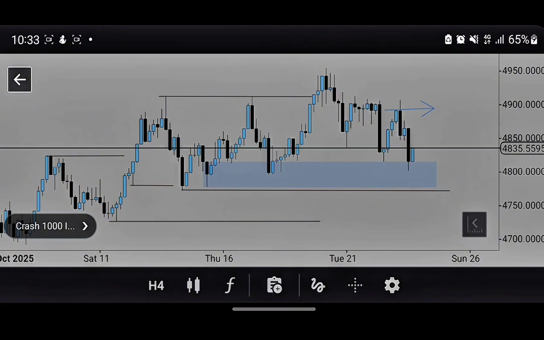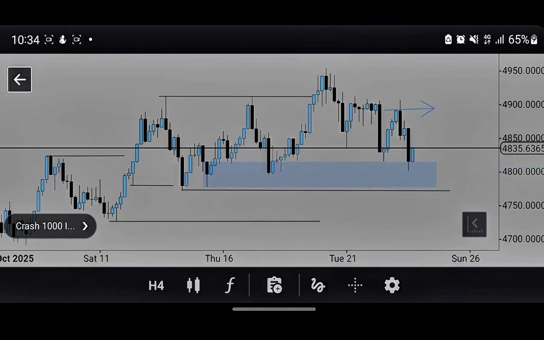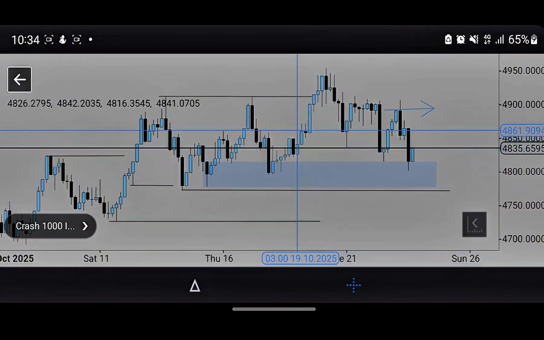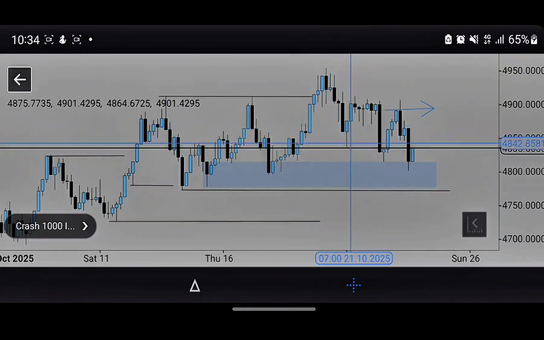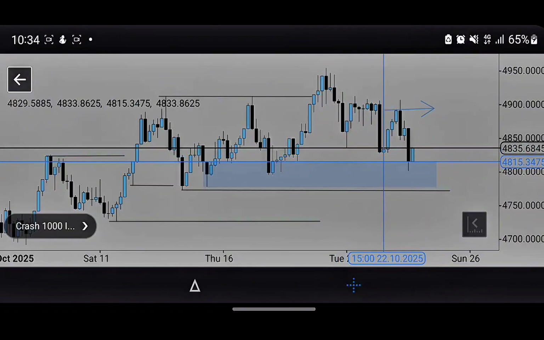for the setup that we're talking about in this current lesson, it is a setup that was taken yesterday, which I took right there. So how I went about this whole setup was, once price took out this level, we took out this inducement, we took out that level, and we tapped into this demand, okay?